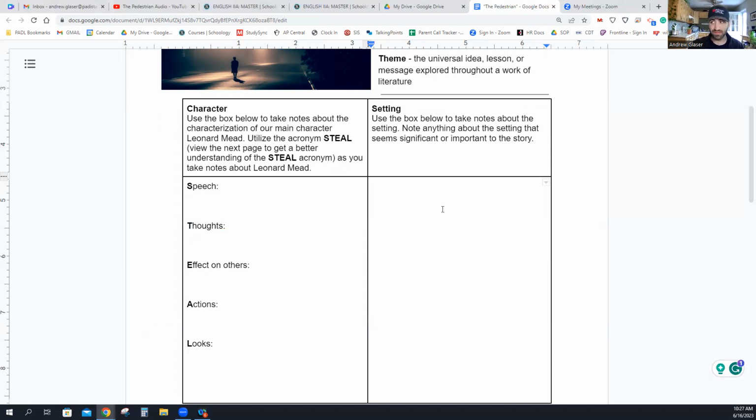Remember that the theme is kind of the focus here. That's what we're trying to figure out through these things. But I don't want you to not take a note because you don't think it connects to the theme. Any notes you can think of regarding character and setting, I want you to put down here.